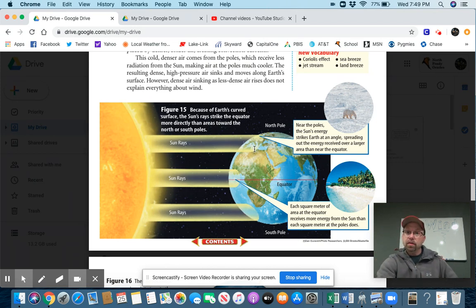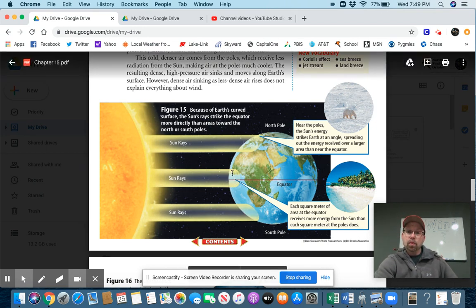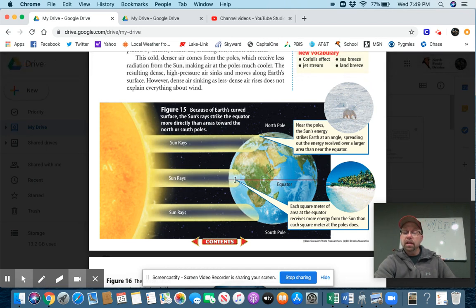That's why it's colder at the poles than it is at the equator. Much more direct sunlight at the equator. All right. So we've got these warmer areas here by the equator that create lower pressure. We get rising air. Here we've got cooler air where it sinks, creates higher pressure, and wind moves from high pressure to low pressure. All right.